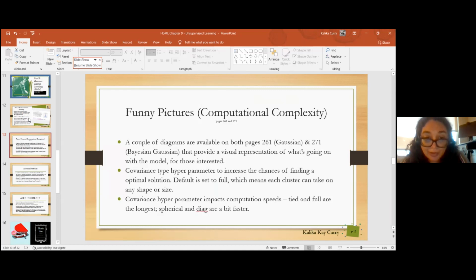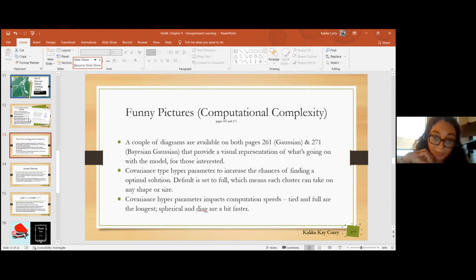We find out there's a covariance type hyperparameter that will increase the chances of finding your optimal solution. Your default is set to full, which means that any cluster can take on any size or shape. And that's where this idea of wanting to play with this one a little bit comes from, because if you have that set to full, you're going to end up with just this kind of mess of ideas there.